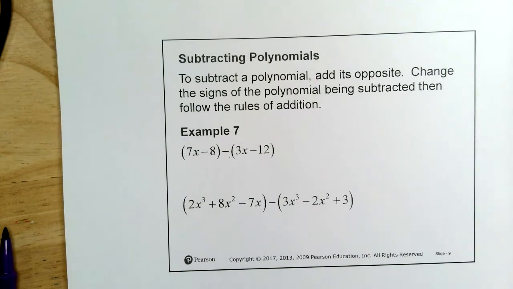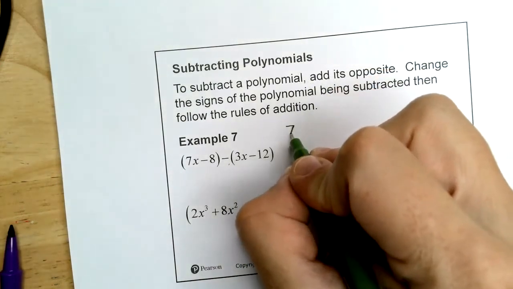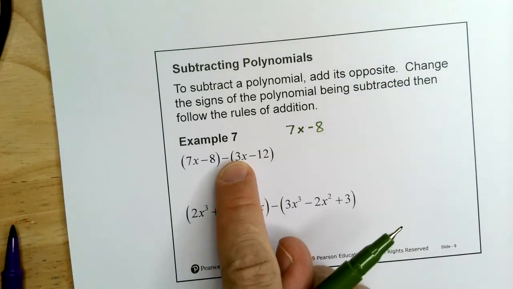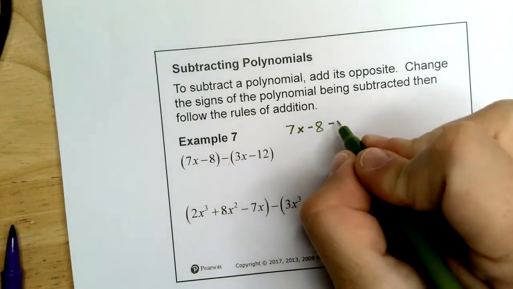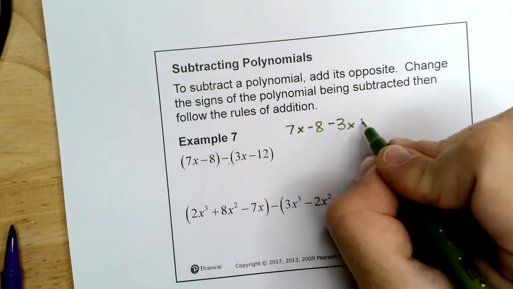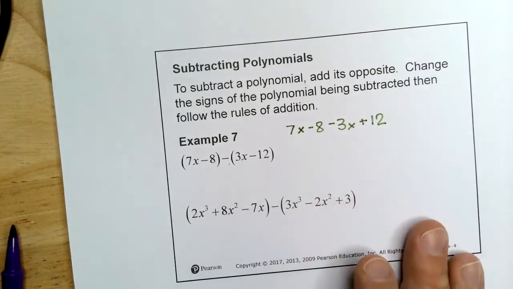So if you change both of the signs, you have 7x minus 8. I'm going to change this sign. So instead of positive 3x, minus 3x. Instead of negative 12, I'm going to put a positive 12. So I changed both of those signs.